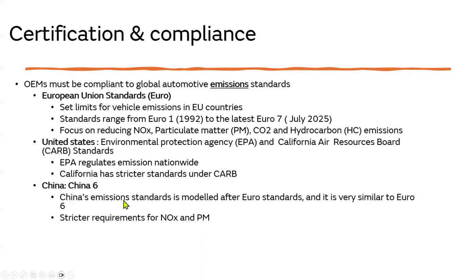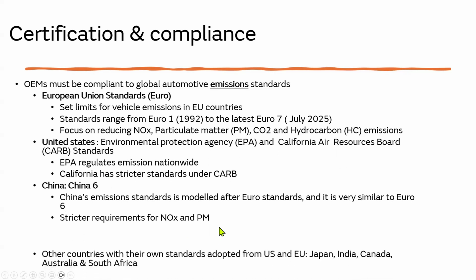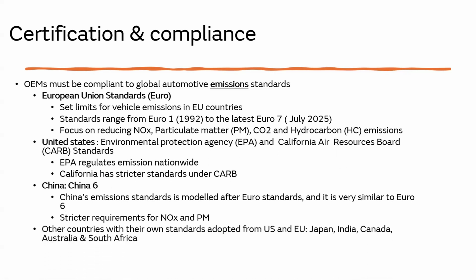China has China 6, which is pretty similar to Euro 6 used in Europe and is stricter on NOx and PM. Other countries like Japan, India, Canada, even South Africa, have created their own standards, adopting from US and EU standards. So that's it for emissions.